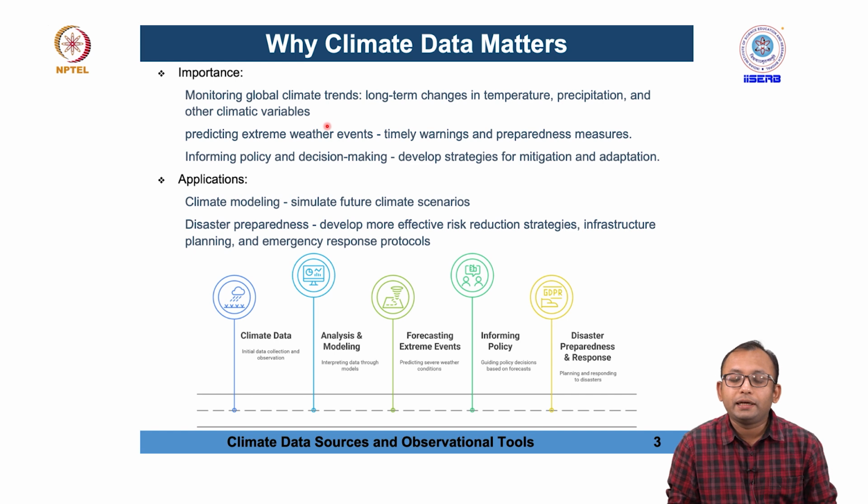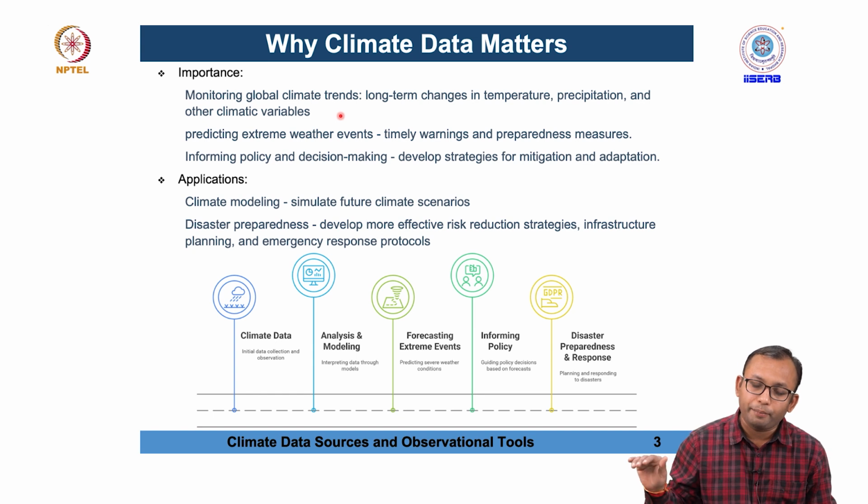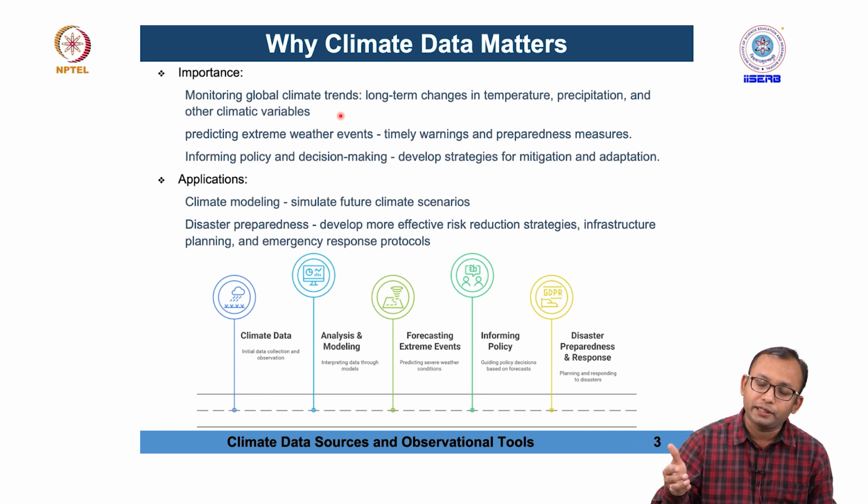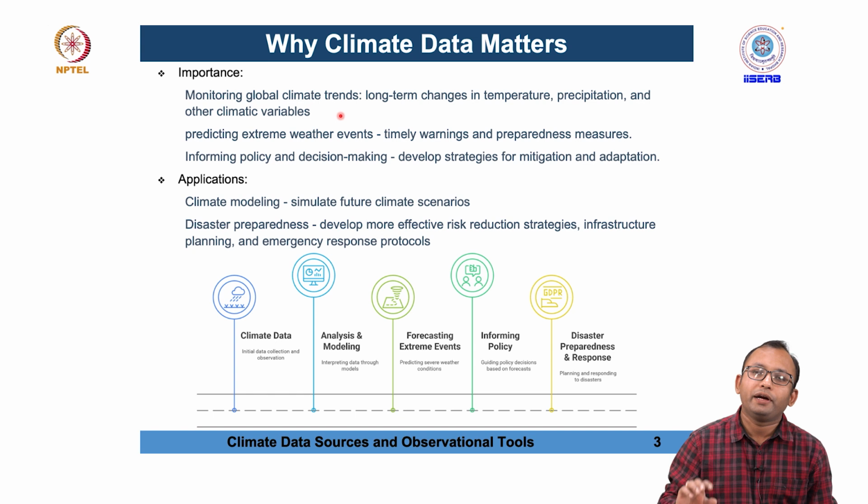Data basically can give us a trend: whether there is any change in a specific property of climatic behavior over the past historical years, whether the trend is increasing or decreasing, how we can interpret it, and what the impacts would be on different climatic processes.